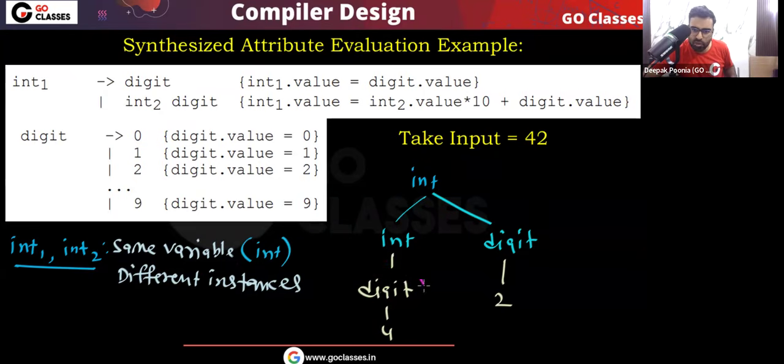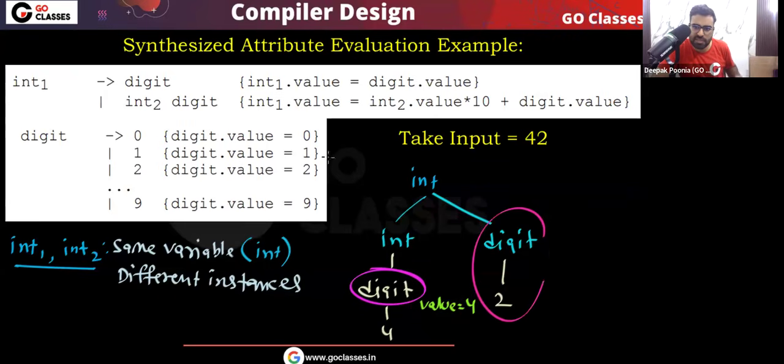For this node, we have a value attribute. So what will the digit dot value become? It will become 4.